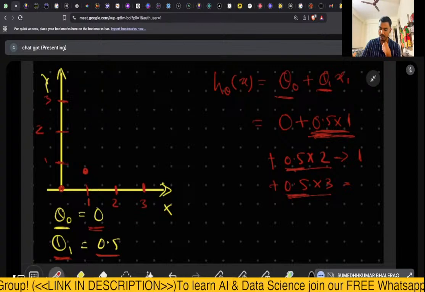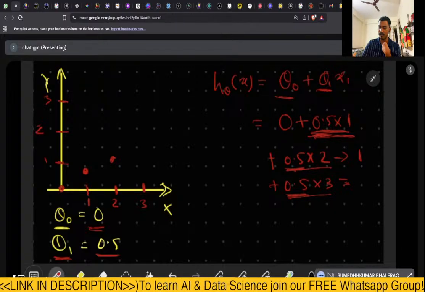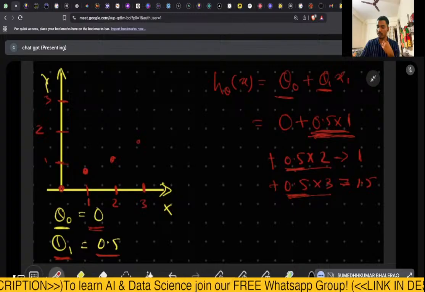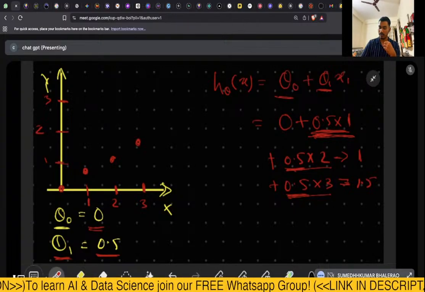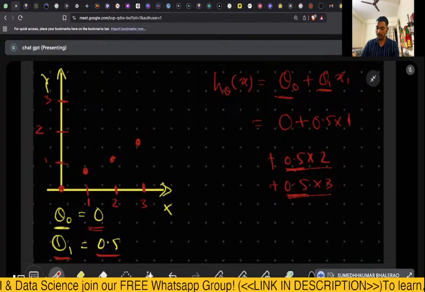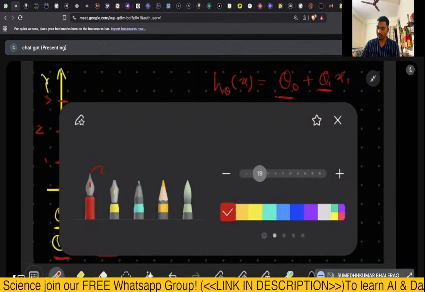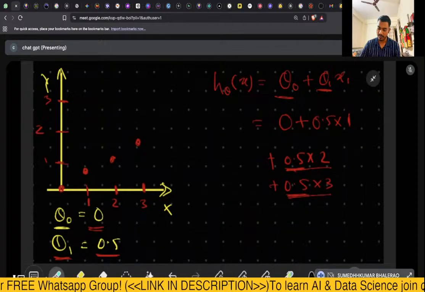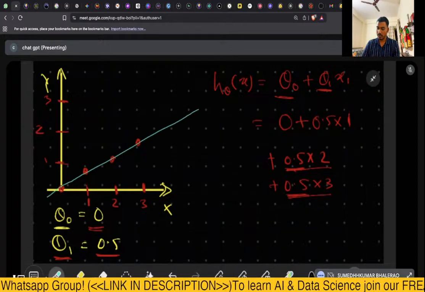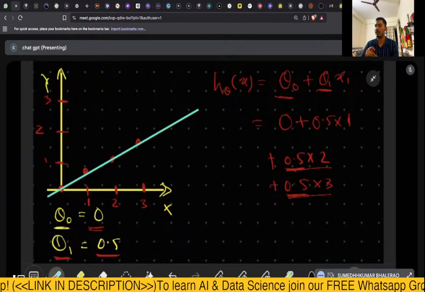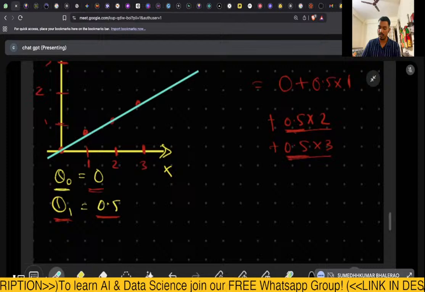And this will be 1.5, so somewhere here. This is how we calculate, and later we will pass the line or draw the line. So this is how the line comes out, and this is how some interception point is found.